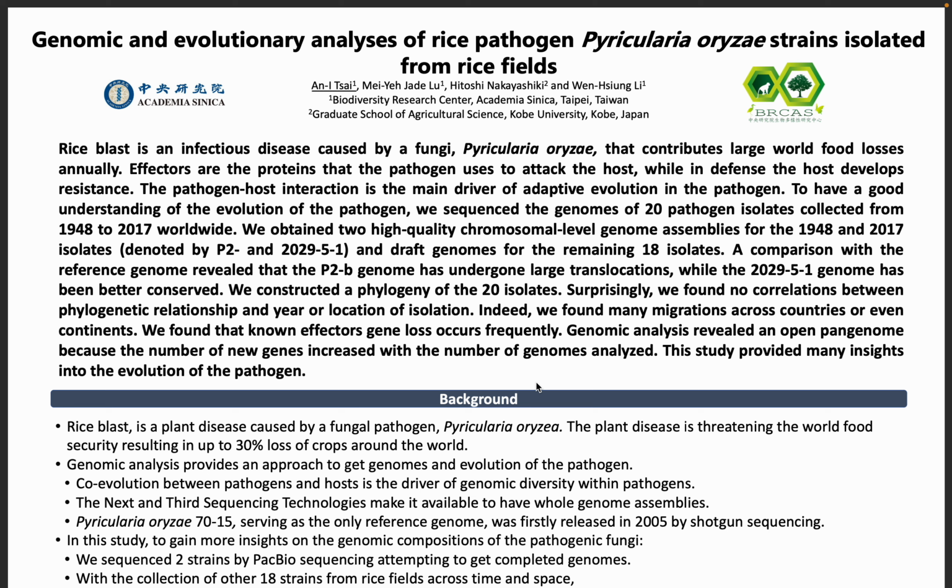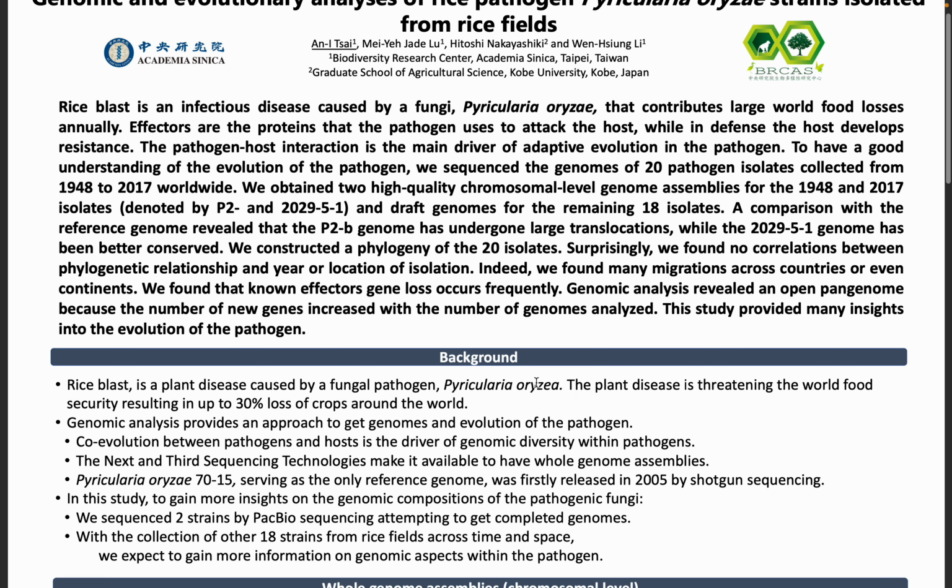And why do we have to obtain more genome assemblies? Because Pyricularia oryzae has only one reference genome for now, called 70-15, first released in 2005 by shotgun sequencing.